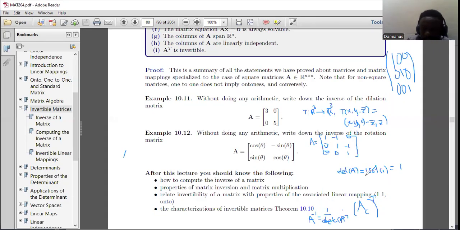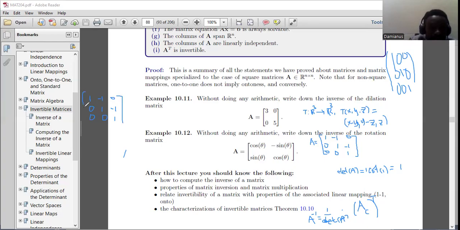So here is our matrix, let me write it here: 1, 0, 0, then -1, 1, 0, then 0, -1, 1. This is our matrix A.